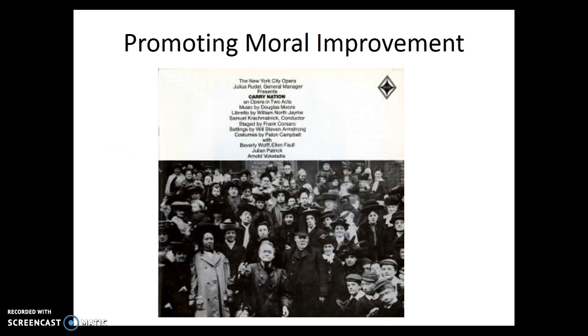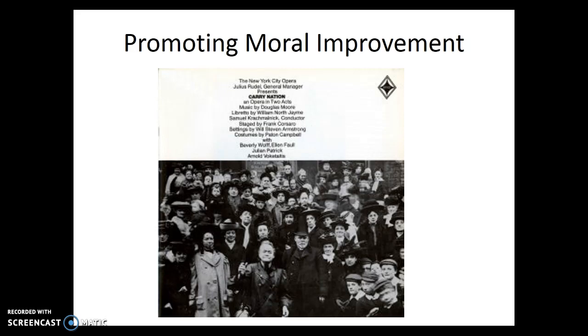The next goal that we're going to talk about is promoting moral improvement. Some reformers felt that it was morality and not the workplace that held the key to improving the lives of poor people, and that people's moral lives would affect their social and economic lives. And so some people called for the banning of alcohol.